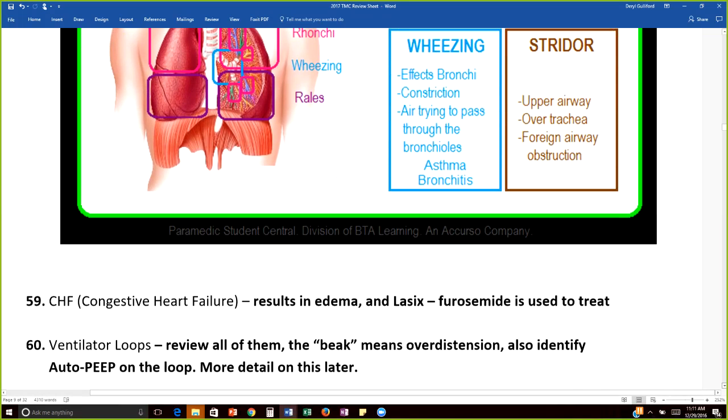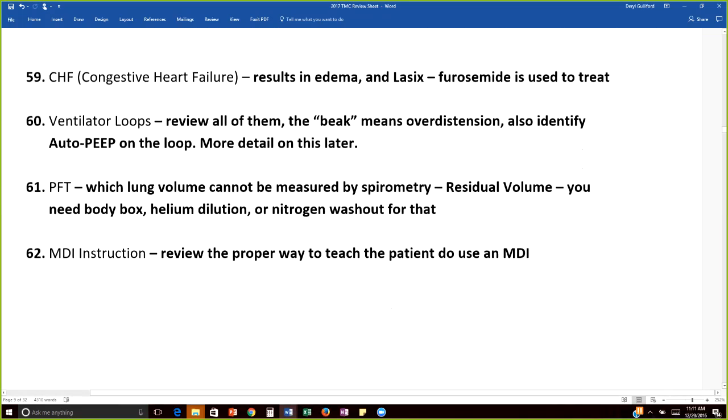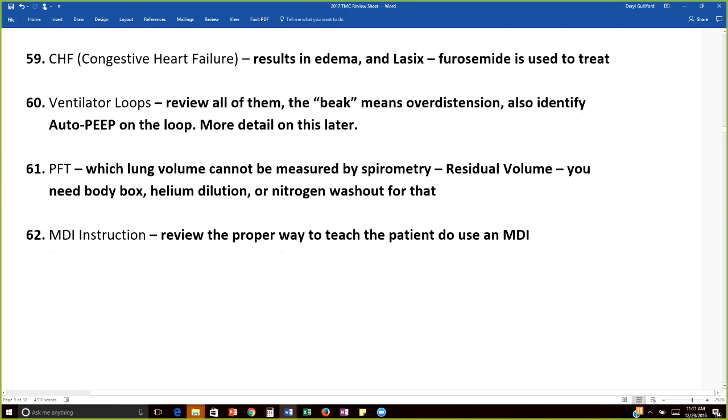Congestive heart failure. This results in edema, and Lasix, which on your test will probably be furosemide, is used to treat that. Ventilator loops, review all of them. Make sure you understand that beak, meaning overdistension. Many students have commented on that one. PFT, which lung volume cannot be measured by spirometry? It's the residual volume.